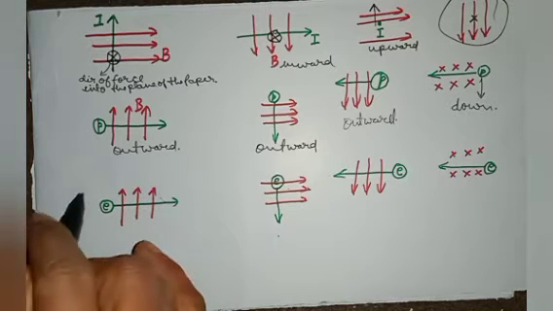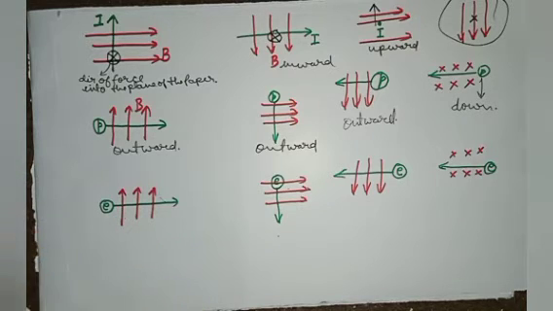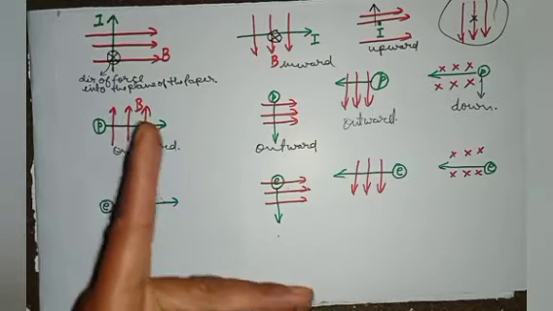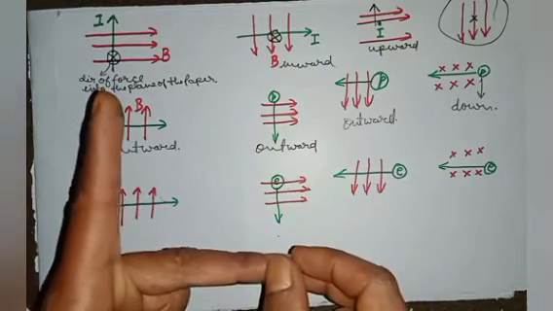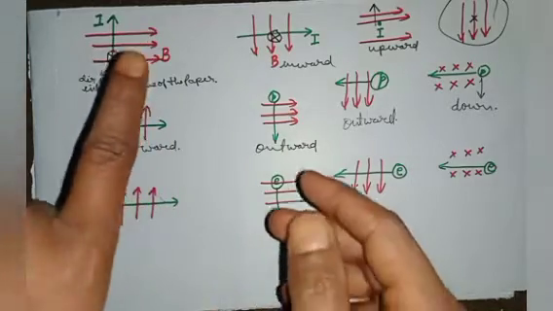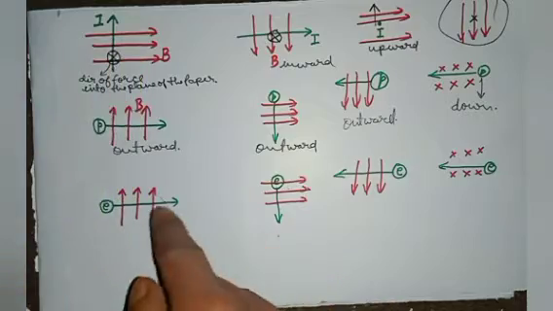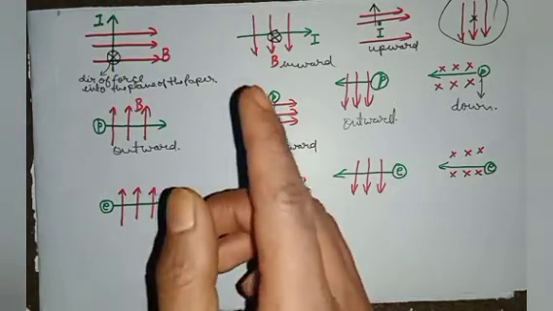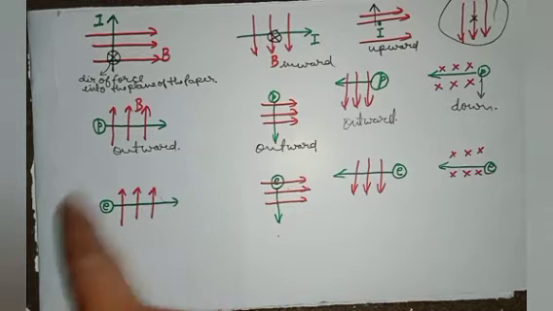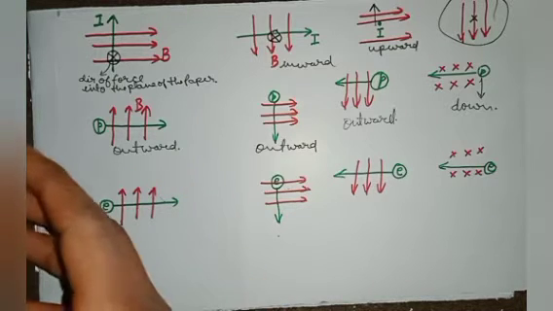Okay, for electron or negative charge, you have to be very careful. First align your index finger along the magnetic field, that we have to do in each case, and see, the electron is going this way, but we have to take the opposite direction because the electron is negatively charged, and the rule says we have to take positive charge. Here we have negative charge, so we will reverse its direction and assume that it is positive charge.